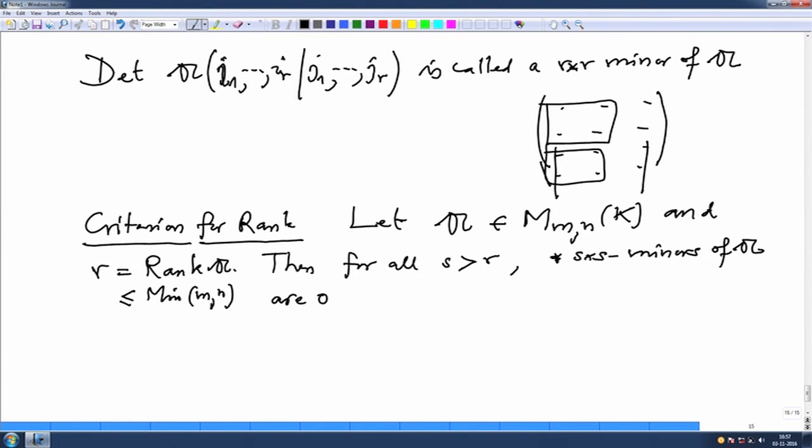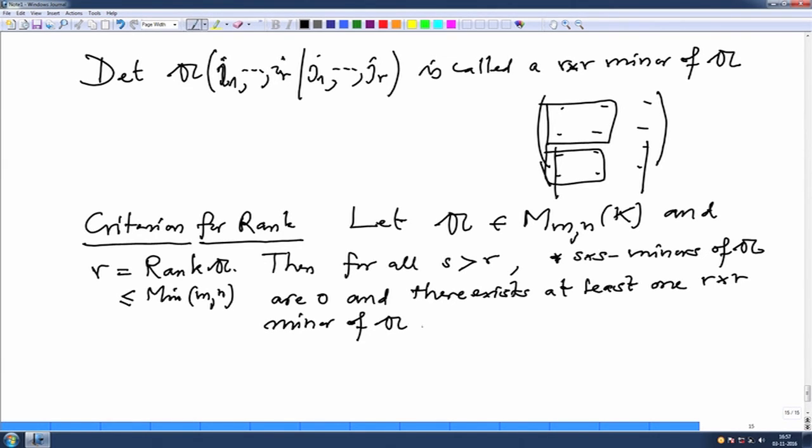All s cross s minors where s is bigger than r are all 0, and there exists at least one r cross r minor of A which is non-zero, then the rank is r.